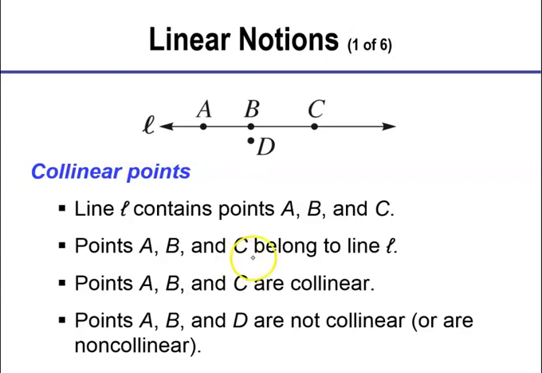Points A, B, and C belong to line L. That's another way of saying it. Points A, B, and C are collinear. That means they all lie on the same line. Points A, B, and D are not collinear because all 3 don't lie on the same line. So collinear just means they all lie on the same line.